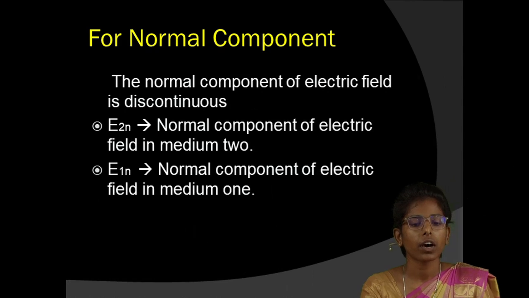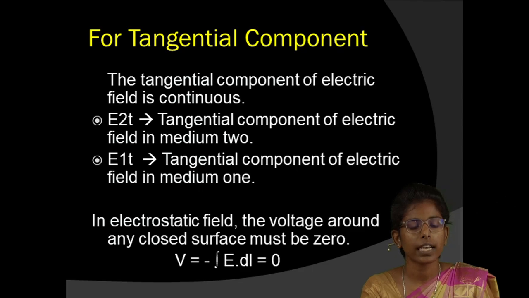For the normal component, the normal component of the electric field is always discontinuous. Here E2n is the normal component of the electric field in medium 2, and E1n is the normal component of the electric field in medium 1. The second one is the tangential component. The tangential component of the electric field is always continuous.